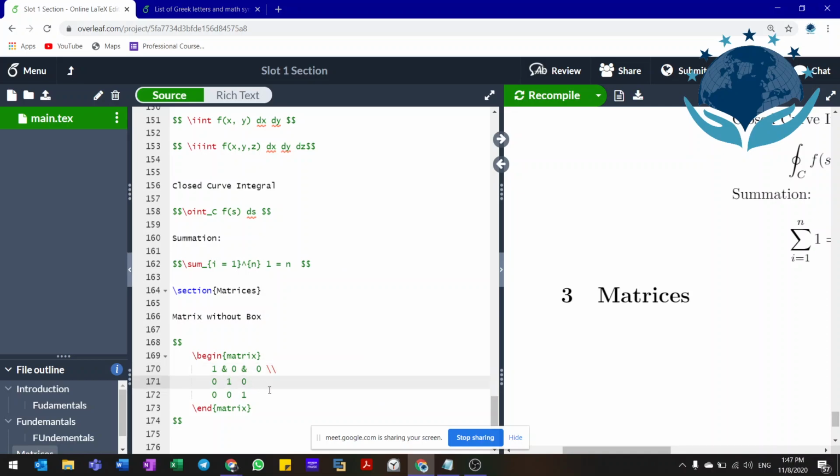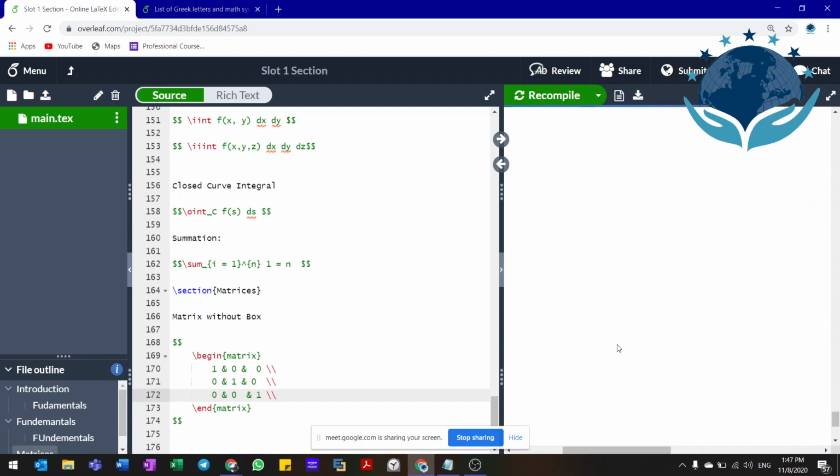Similarly, next row. So 0 ampersand 1 ampersand 0, and since it is the last element, you have to use double backward slash. Similarly here, 0 ampersand 0 ampersand 1, and since it is the last element, you use the double slash.